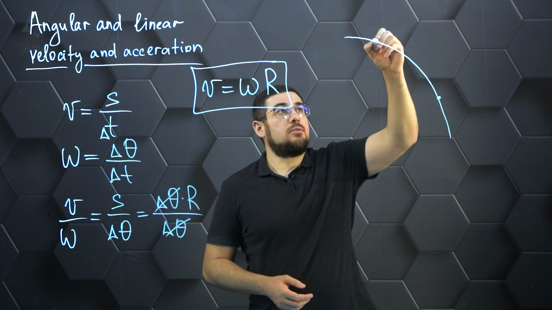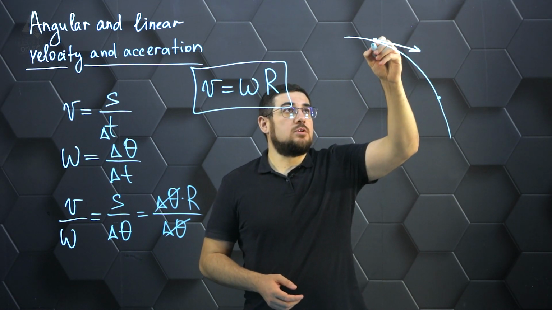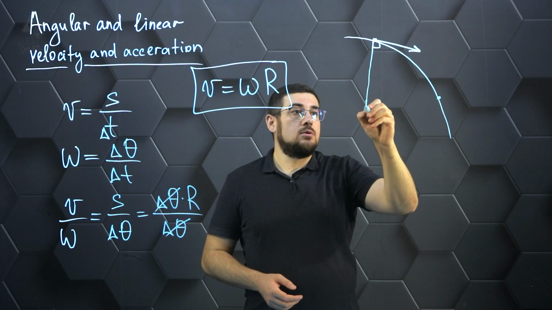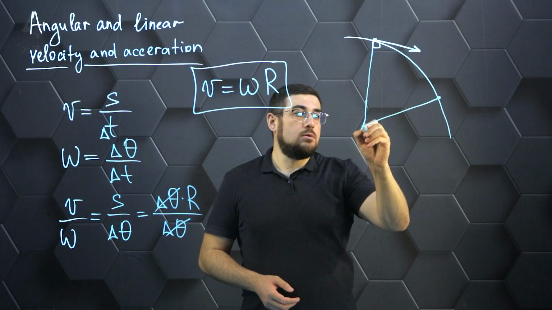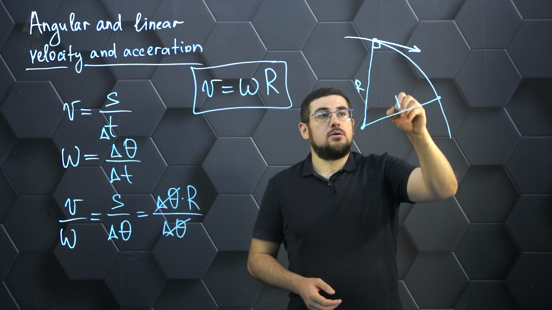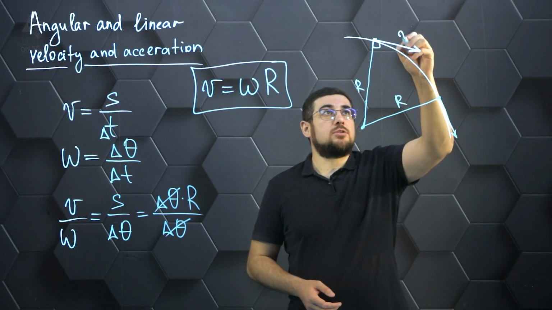The velocity will be tangential to its trajectory. The tangent, as we remember, is at an angle of 90 degrees to the radius, and we can draw a different radius vector to each point. And perpendicular to that radius is the velocity vector.